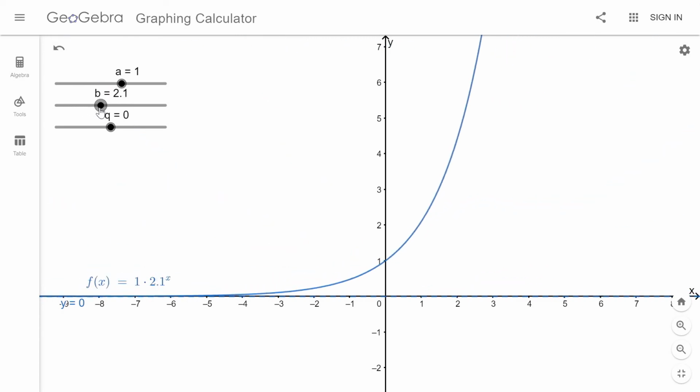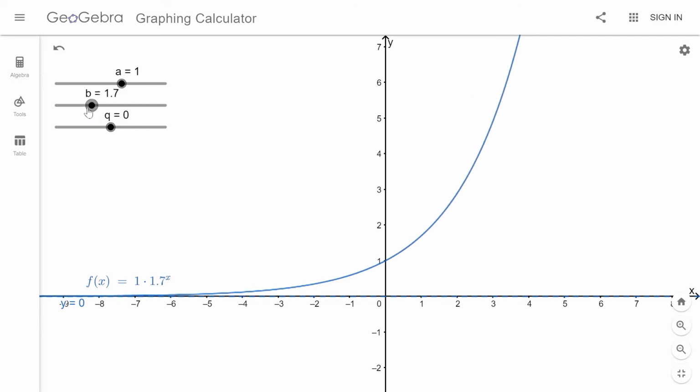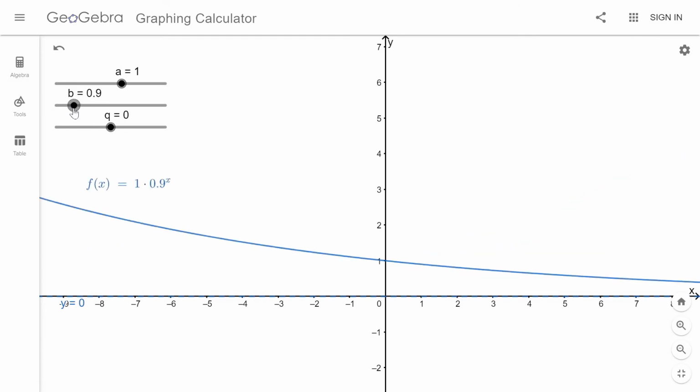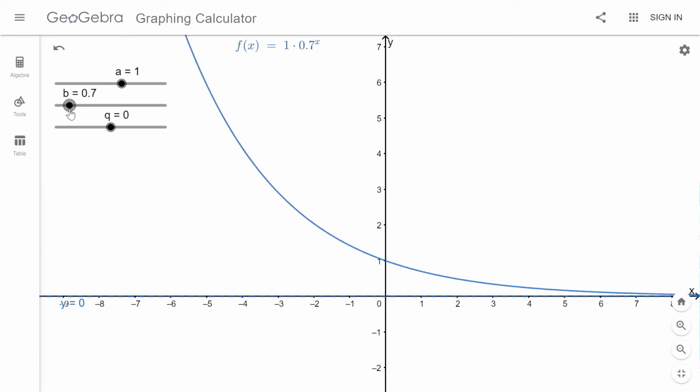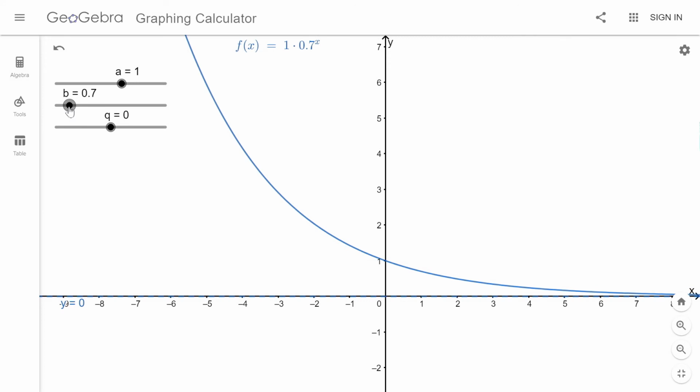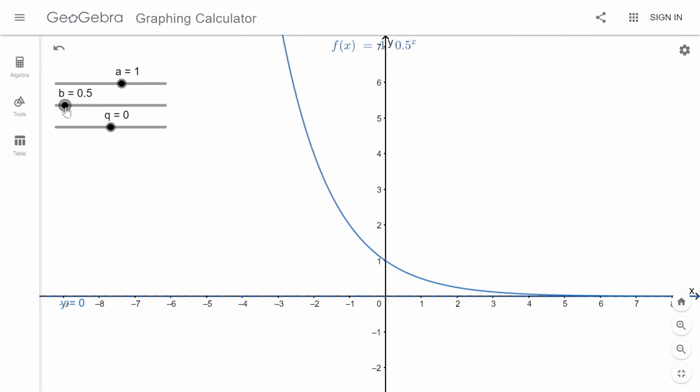But look at what happens when b becomes a fraction. We're going to be taking it into a common fraction. There we go. At this point, we now have a value for b between 0 and 1. That's where all your common fractions lie. So if we take, for example, b equal to 0.5, we started off with y = 2^x.